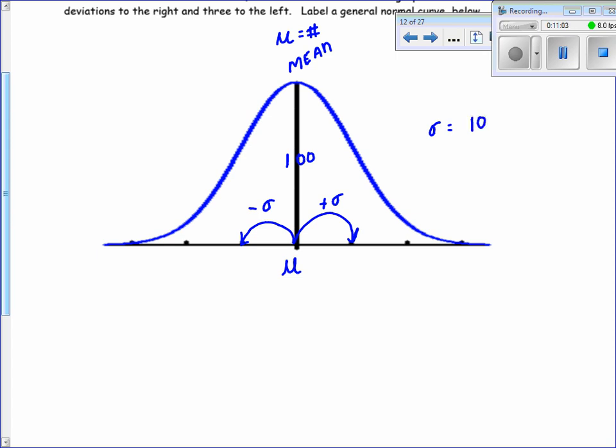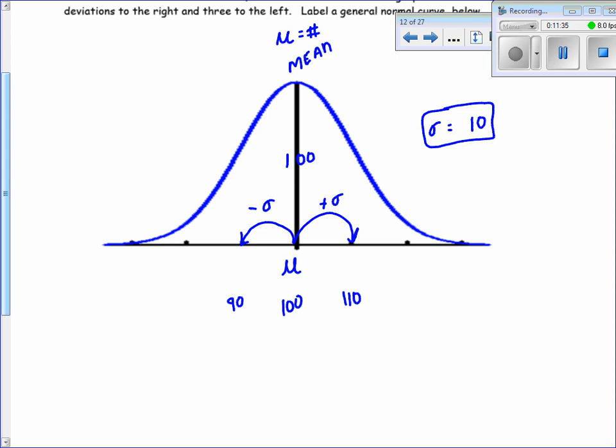So that means right here, my mean is 100. That means minus 10 is 90. So within 1 standard deviation, I have 90 to the left, and I have 110 to the right. So if I go left, I'm going to subtract a standard deviation to get the next tick mark. If I go right, I'm going to add a standard deviation.